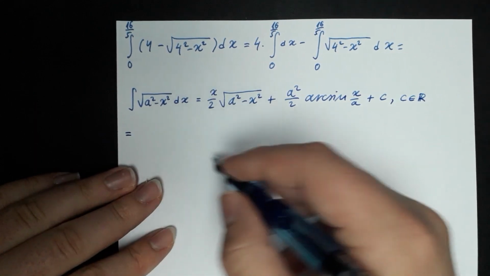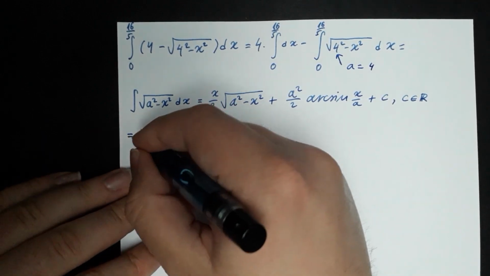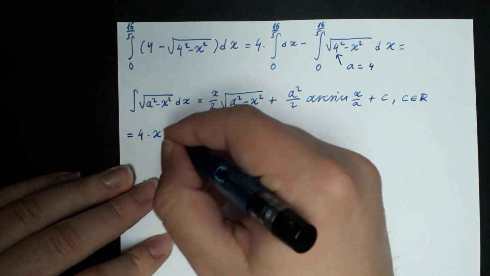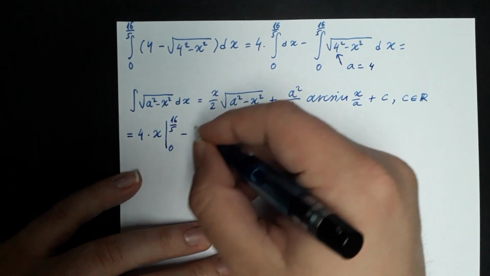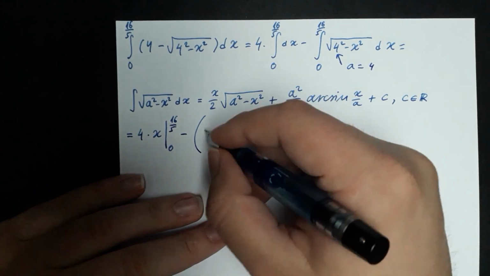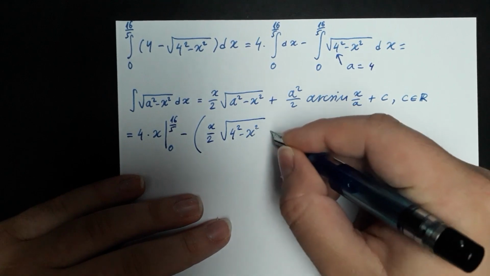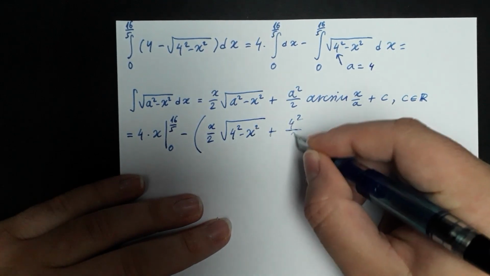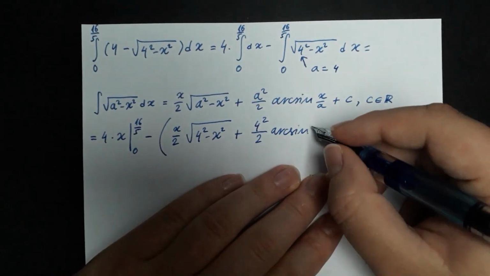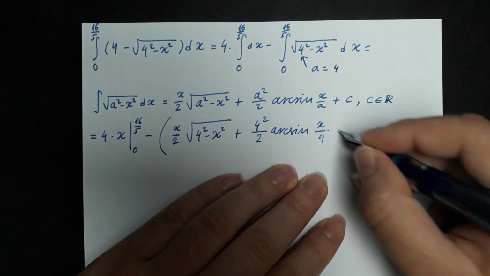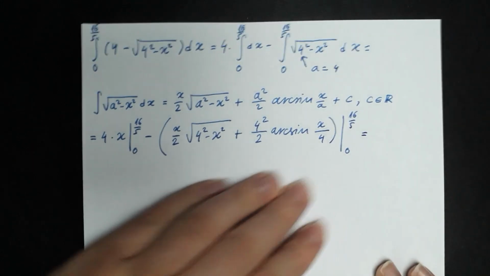Now this is equal to, in this integral, a is equal to 4, so this becomes 4 times x in the borders of 0 to 16 over 5 minus x over 2 times the square root of 4 squared minus x squared plus 4 squared over 2 arcsine of x over 4 in the borders from 0 to 16 over 5.